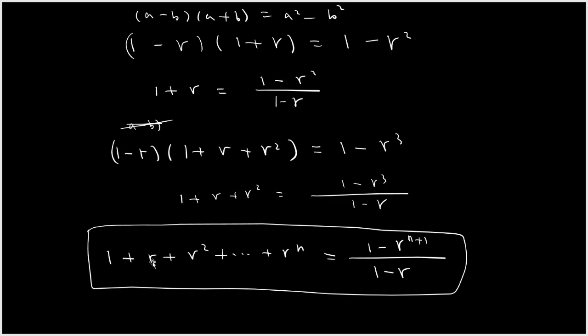The quotient between term 2 and term 1 is equal to r. r divided by 1 is equal to r, and r squared divided by r is equal to r. Basically the quotient between every two consecutive terms is equal to r.